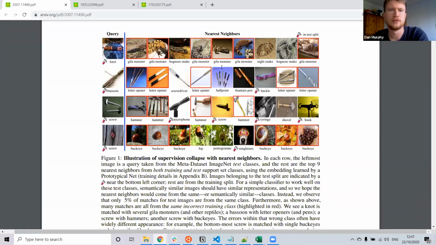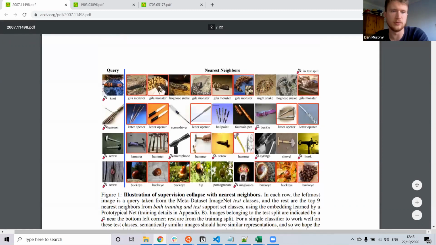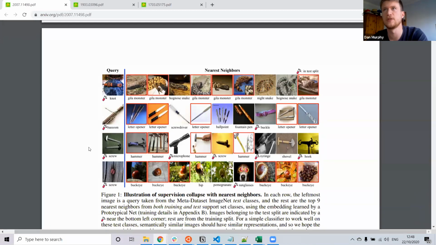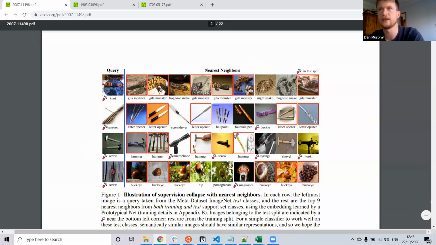So if we look at this example, our data that we trained on was hammers, these Buckeye things, letter openers, and Gila monsters. And the data that we're testing on is distributed very differently. It has all these new images, new types of image. Does that sound fair, Carlos?